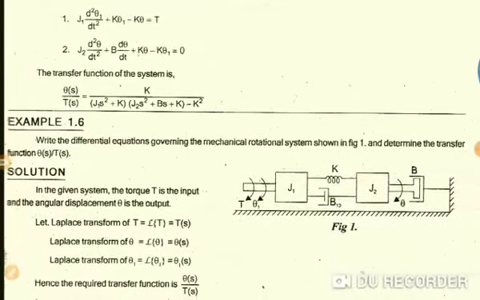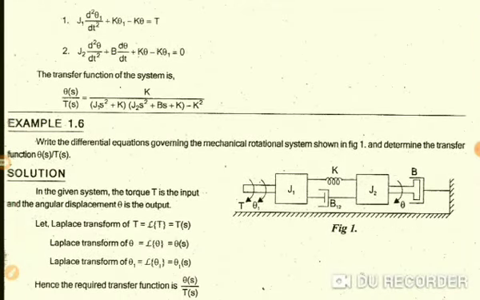Now do the second one: write the differential equation governing the mechanical rotational system below and determine the transfer function. As usual, it's the transfer function theta of s by T of s. Write down the question and do this exercise problem.